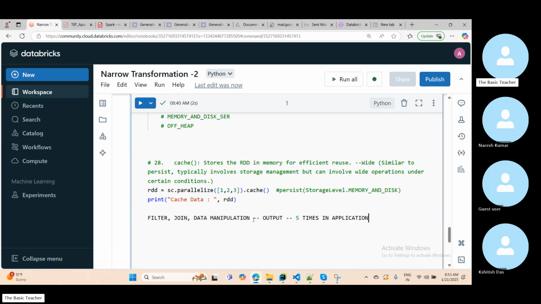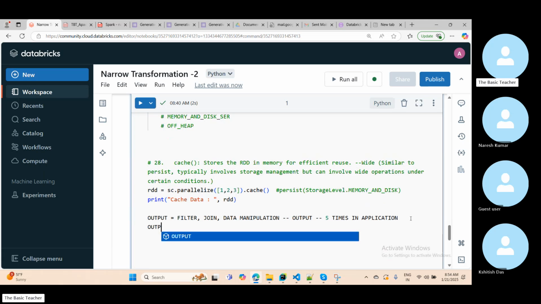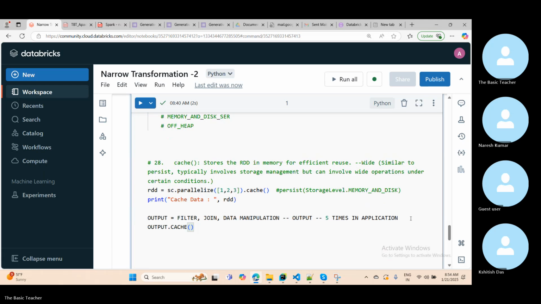Then if you are caching this, output equal to, then output dot, you are applying this cache. You are caching this, and assume that this output was 2 GB. Then this 2 GB is going to occupy 2 GB of memory from your nodes, right?